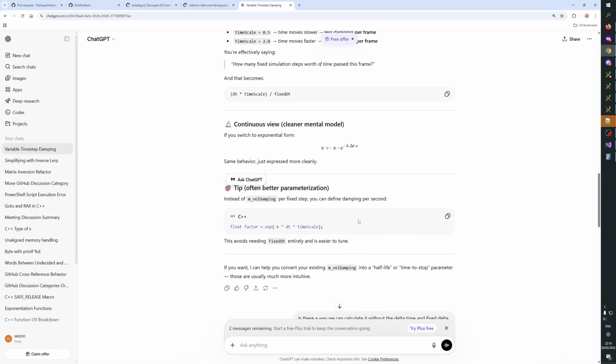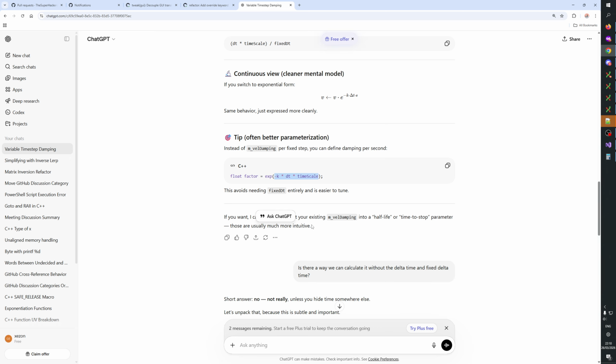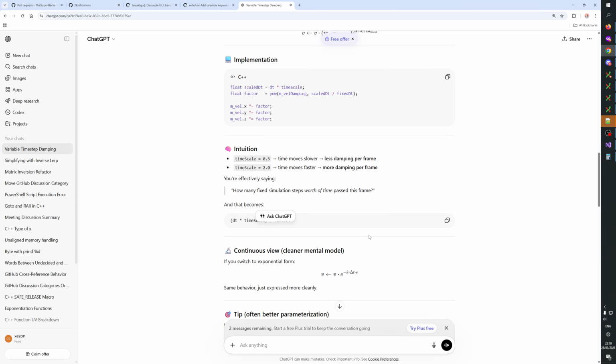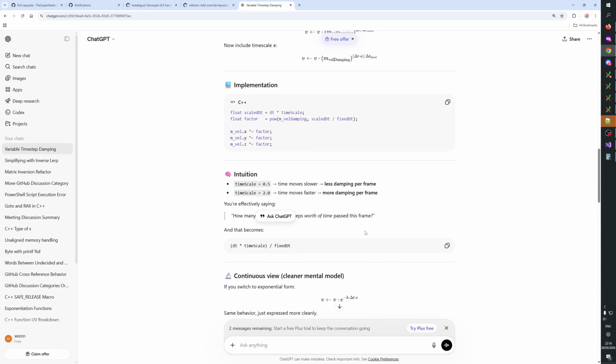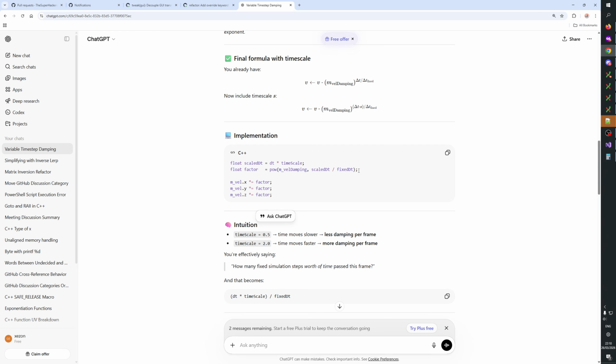Okay. What about this one here? Fixed dt. Scale dt.